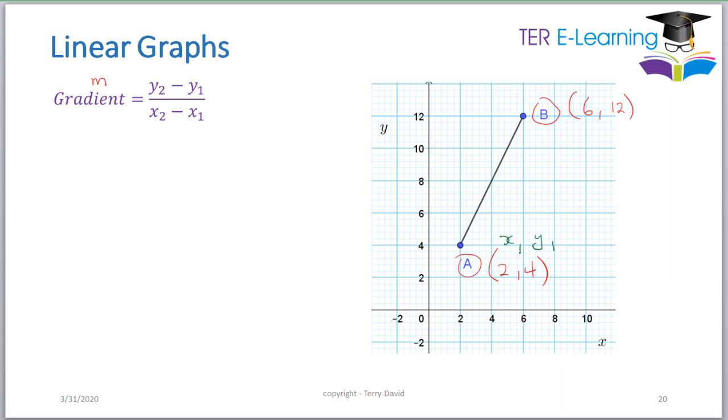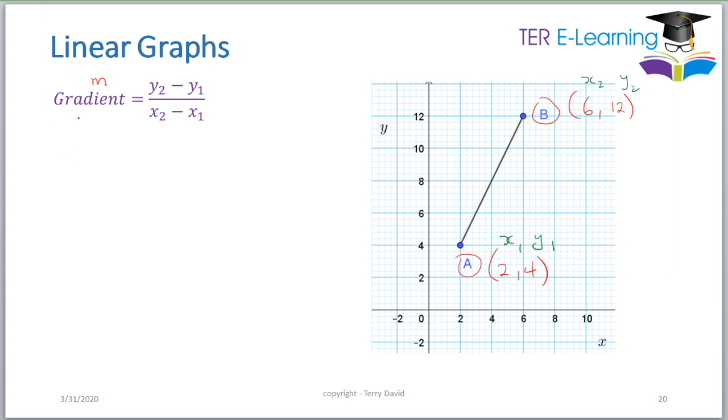Now, you see what I do in here? This is what I actually do sometimes, right? You need to label it. The point B, we're going to label that as x2, y2, right? Because each of the points A and B, they have an x coordinate and a y coordinate. So, because I've labeled them, I know what is x1, I know what is x2. I know what is y1, and I know what is y2, right?